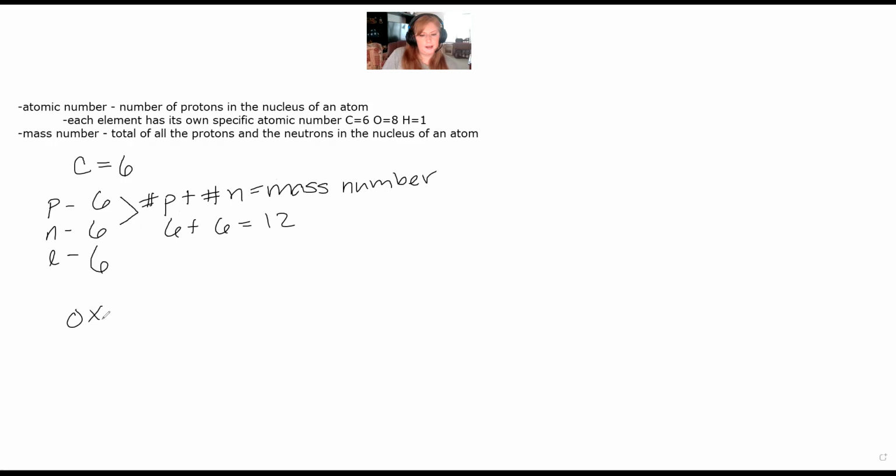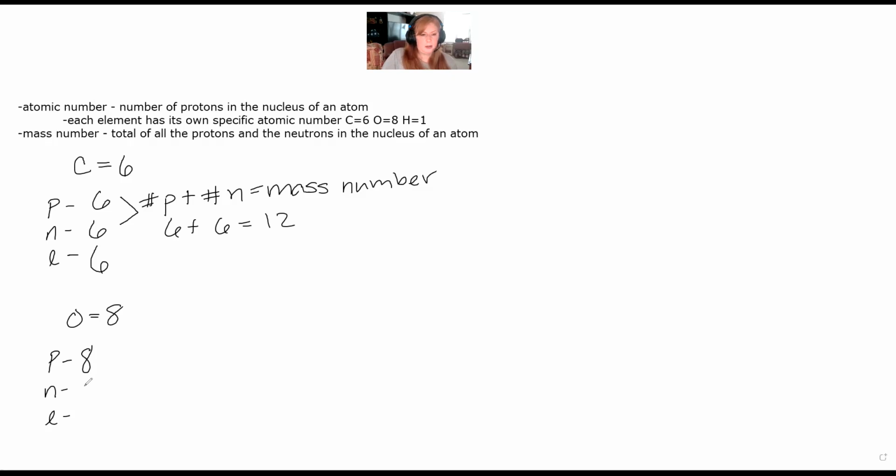Oxygen has an atomic number of 8. Protons, neutrons, electrons. So how many protons does oxygen have? 8, right? Because that's the atomic number.